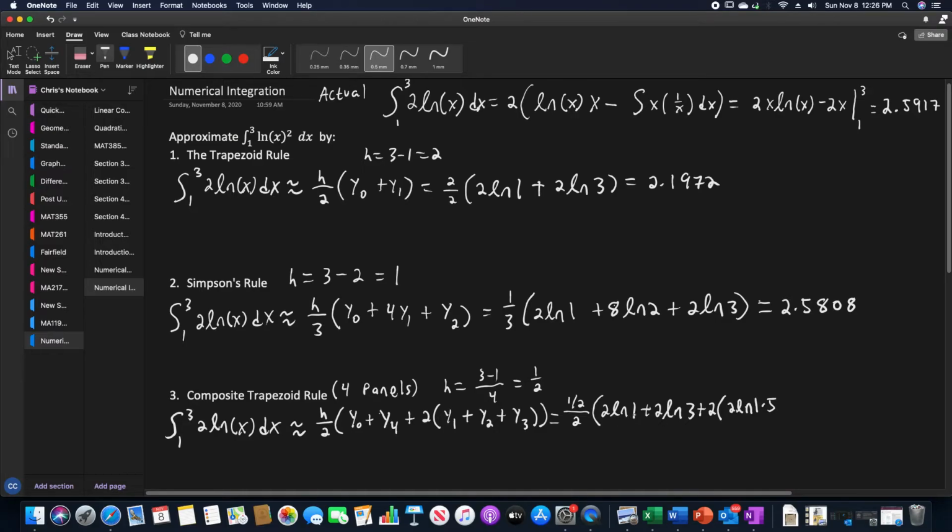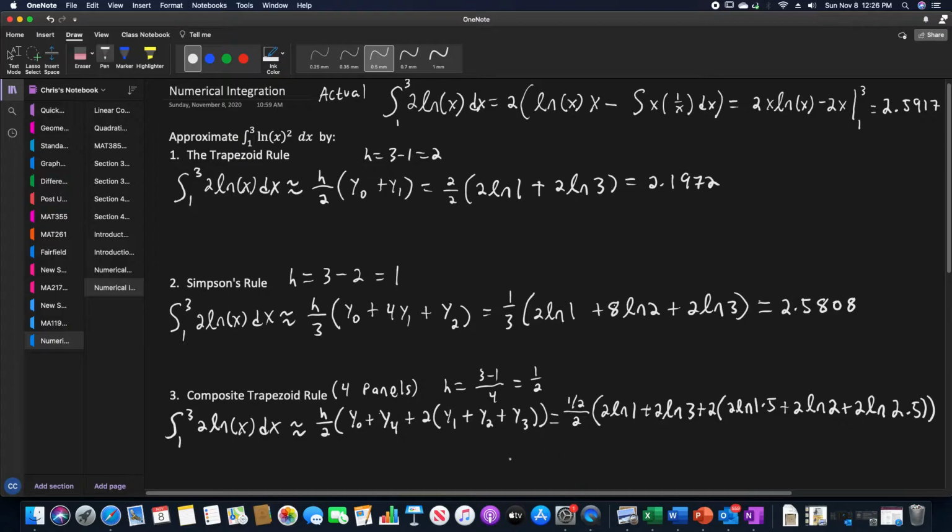So we just added the step size of h to the value of 1 to get 1.5. Plus 2 times the natural log of 2. Again, we add the step size h to 1.5 to get 2. Plus 2 times the natural log of 2.5. And once again, we add the step size of h to 2 to get 2.5.